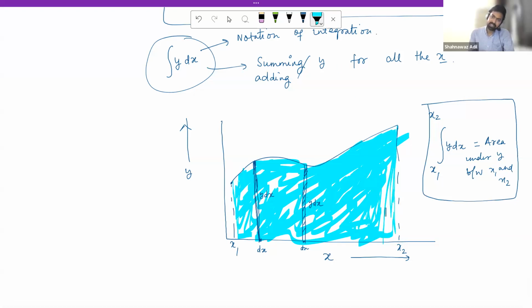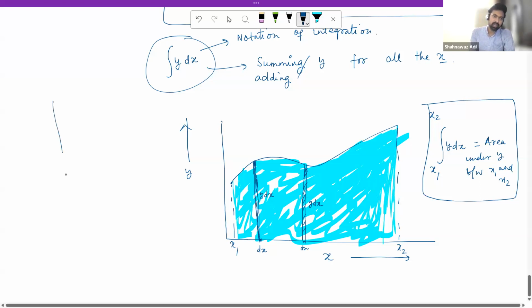Yeah, so the physical meaning of differentiation is tangent, right? If I have this function, then differentiation at this point means tangent.